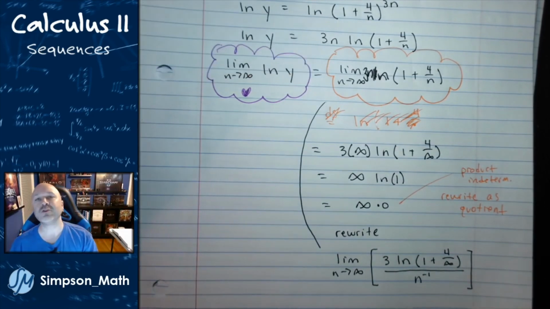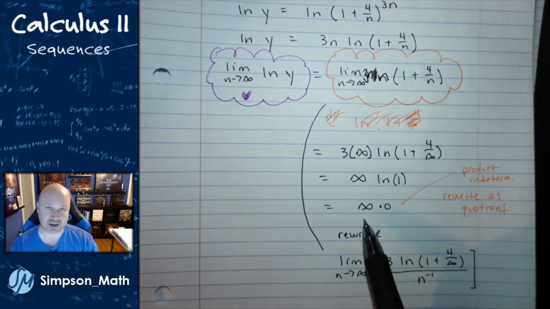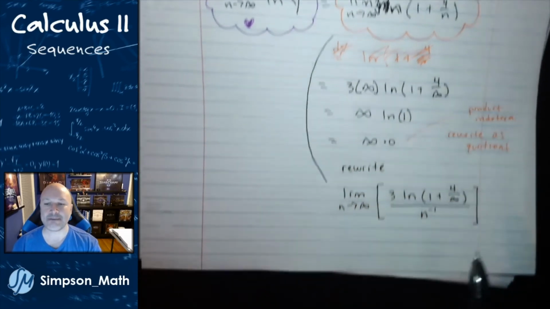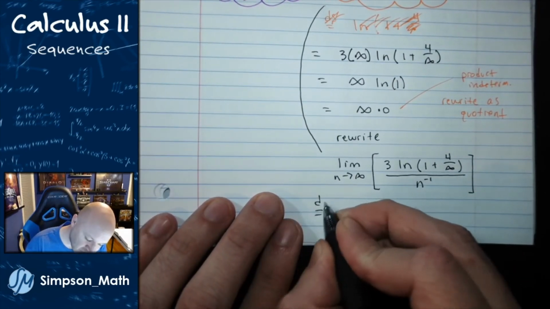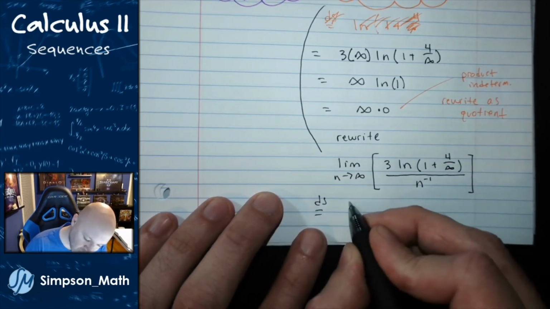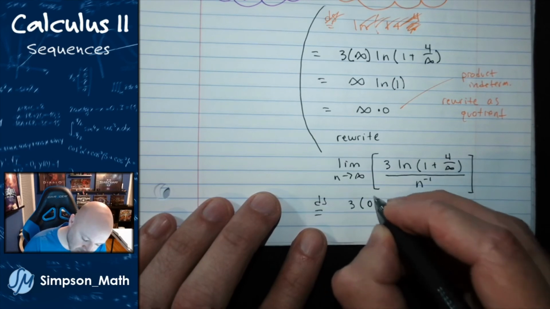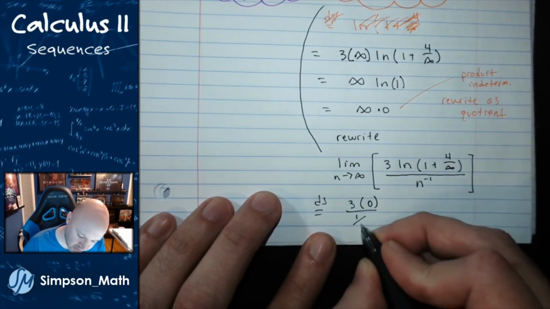Okay, so the strategy for product indeterminates, where we don't know what infinity times 0 is, is to rewrite the product as a quotient. Maybe now we'll get something that we know. I'm going to try direct substitution again in this form. So I get 3 times, and we said this is going to be 0 up top. Down below I have 1 over n.